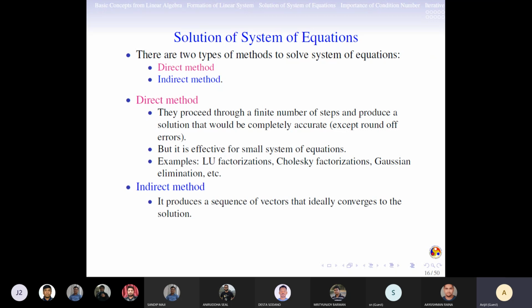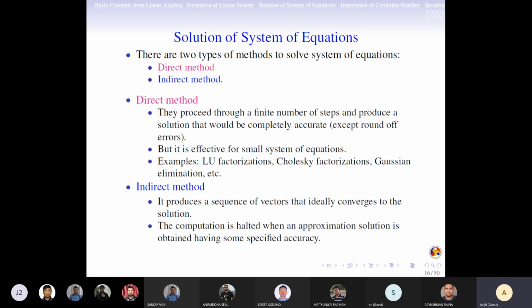And the indirect method produces a sequence of vectors that ideally converges to the solution. That means we start with an initial approximation, and then in each step we modify each component of that initial approximation in a suitable manner, so that it converges to the actual solution. This is the main goal in the indirect method, and we stop the iteration process when we reach some specified accuracy.